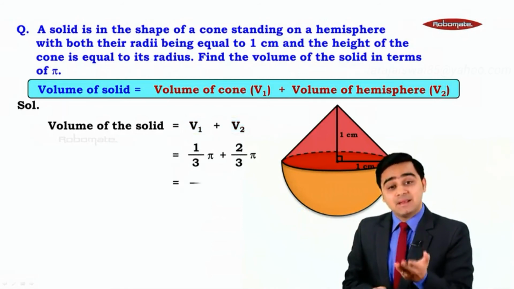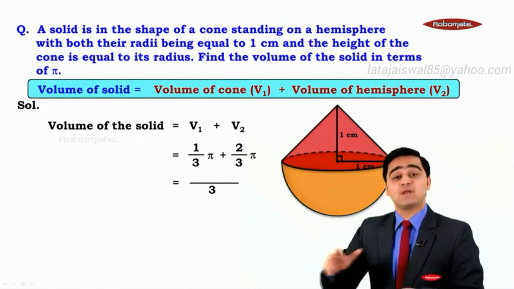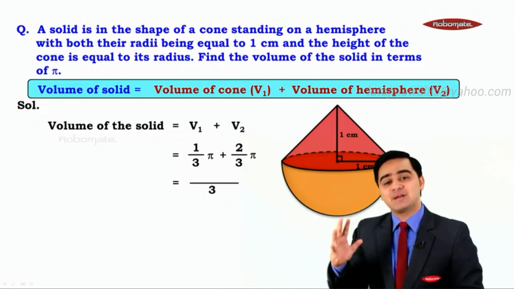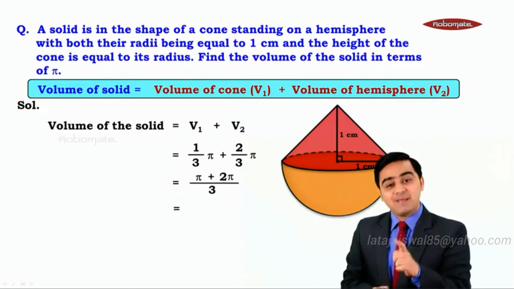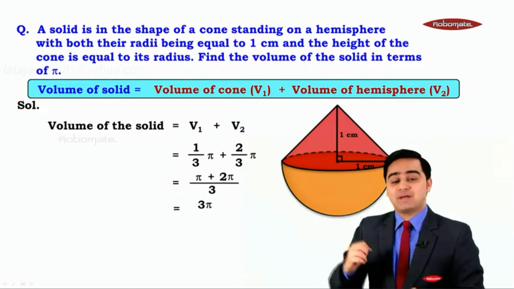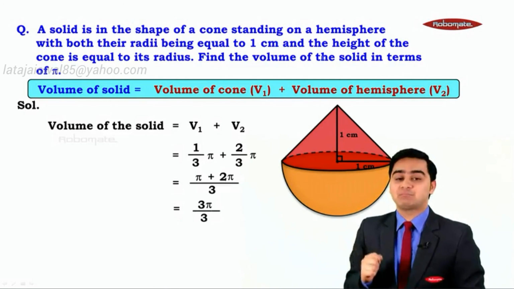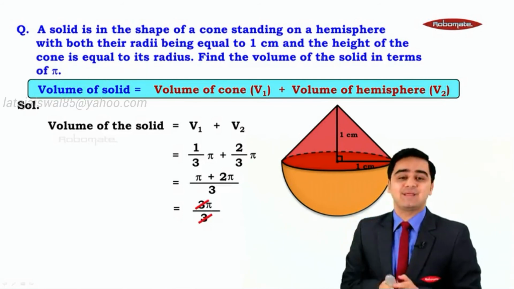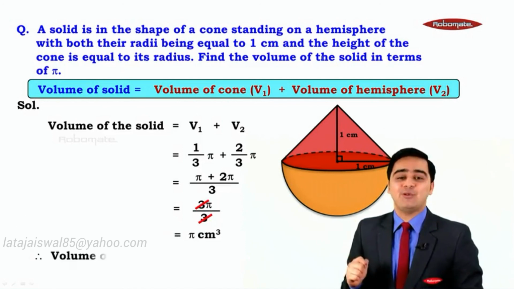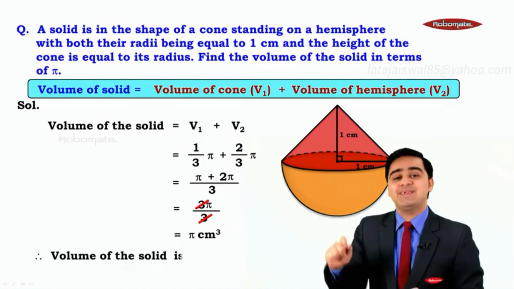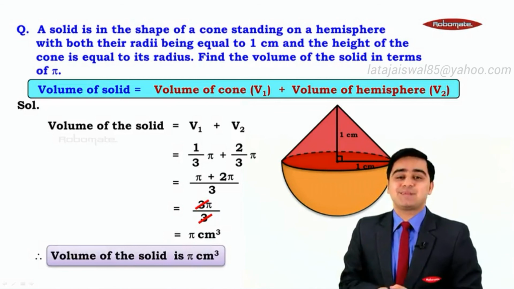Now, we can take 3 as the LCM. So, in the denominator we have 3 and in the numerator we are left with pi plus 2 pi. Now, pi plus 2 pi is 3 pi. So, it is 3 pi upon 3, and we can cancel 3 and 3. So, we are left with pi. So, we can say therefore, the volume of the entire solid is pi centimeter cube.